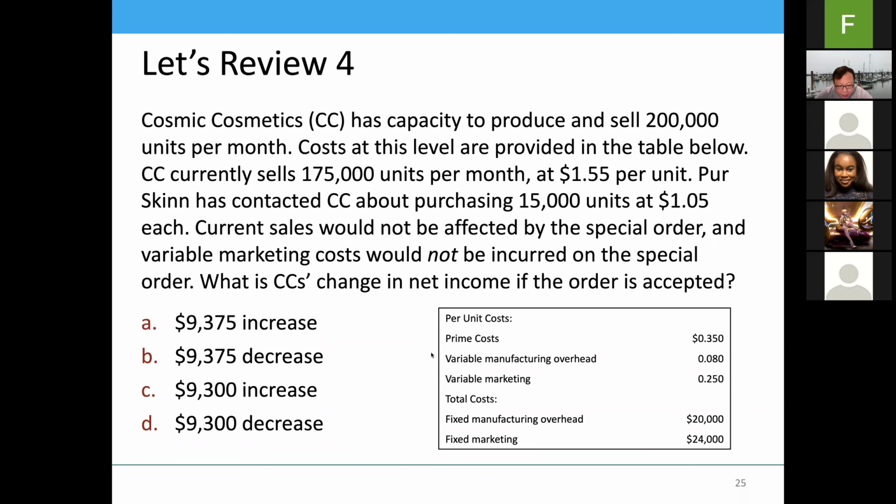Anyone get the answer? Okay, so what's your answer?